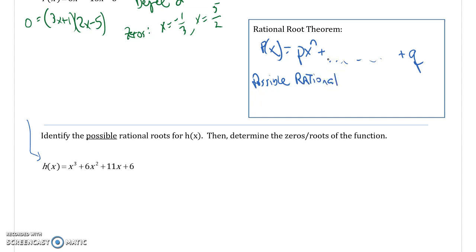This doesn't tell us what all the zeros are, but it tells us the only rational roots that are possible.